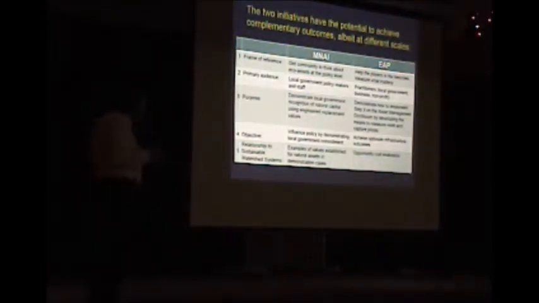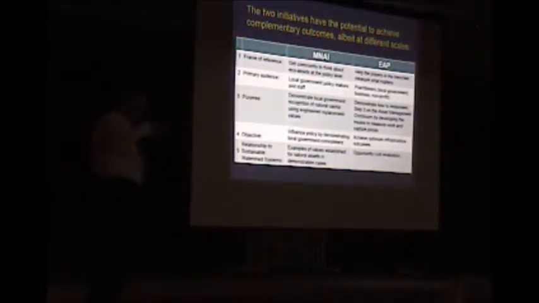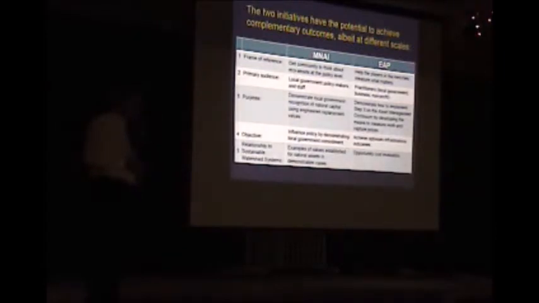And on the EAP side, demonstrating how to implement step 3. Remember that a moment ago, the David Allen slide? Just think David Allen whenever I say step 3, right? How to get to step 3 on the asset management continuum by developing the means to measure work and capture prices. Objective: on MNAI, influence policy by demonstrating local government commitment.